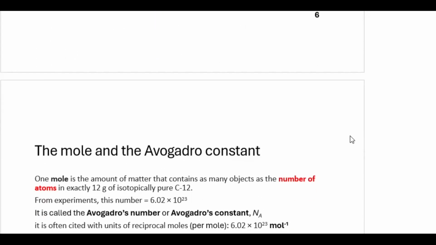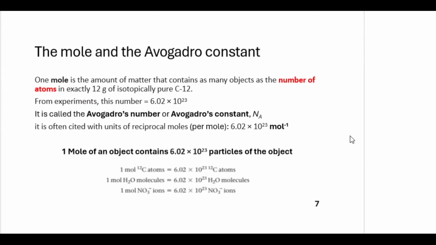So let's go ahead without wasting much of our time. We want to look at the mole and Avogadro's constant. In everyday life, we use counting units such as dozen. If there are 12 of them, you can say 1 dozen, like 1 dozen of pencils.